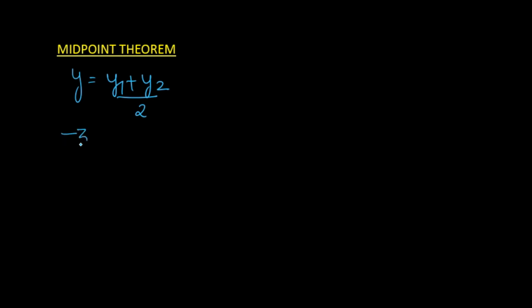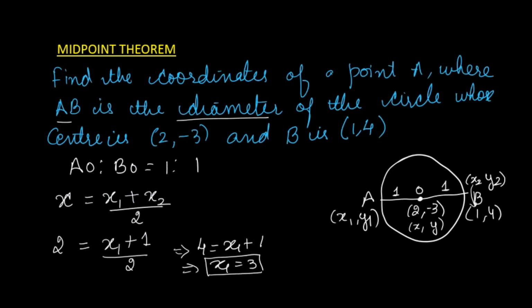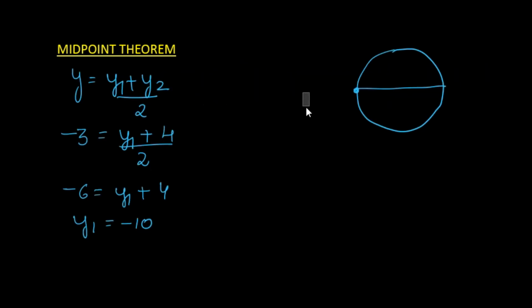So -3 is equal to y1 plus 4 divided by 2. We get -6 as y1 plus 4, or y1 is equal to -10. So we have found the coordinates of one of the endpoints of the diameter as 3 and -10, and the other is given as 1 and 4.